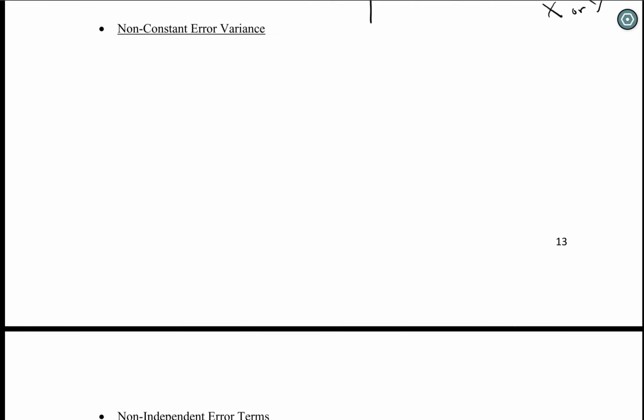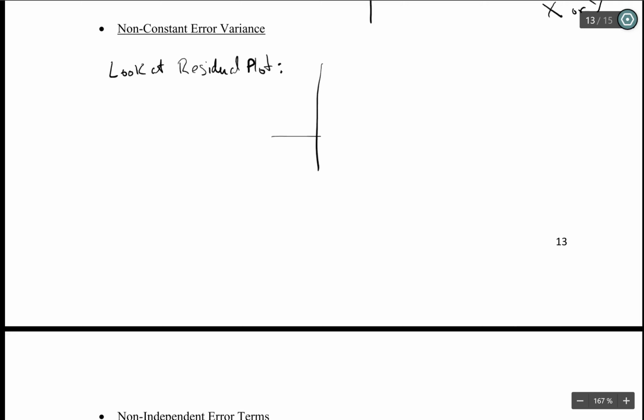The second assumption that we're going to consider here is the constant variance assumption. And again, we're going to look at a residual plot. We're going to look at x or y hat. You could plot either one of those on the horizontal axis versus the residuals again. And again, you want to see a random scatter.